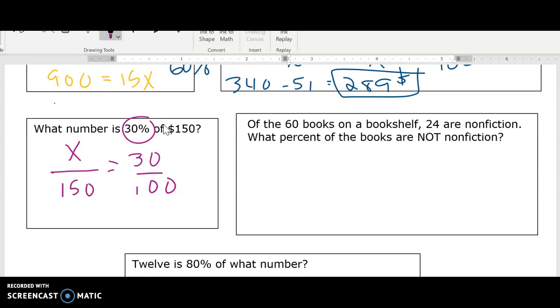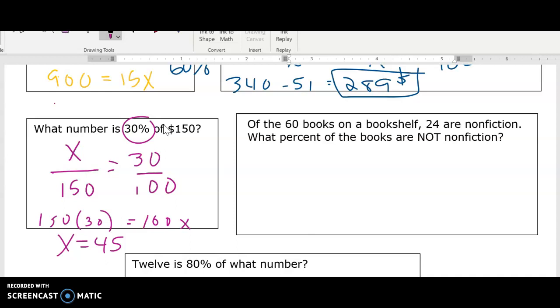Cross multiply. 150 times 30 equals 100x. X equals 45.